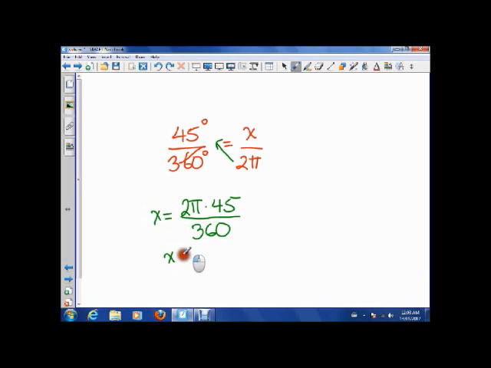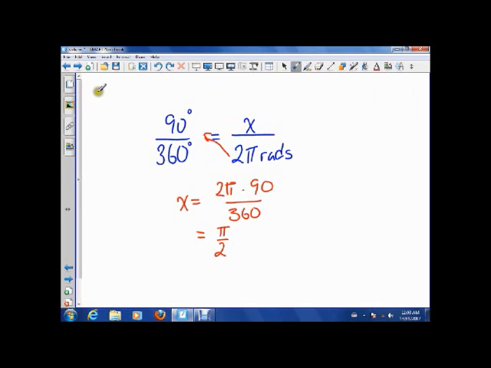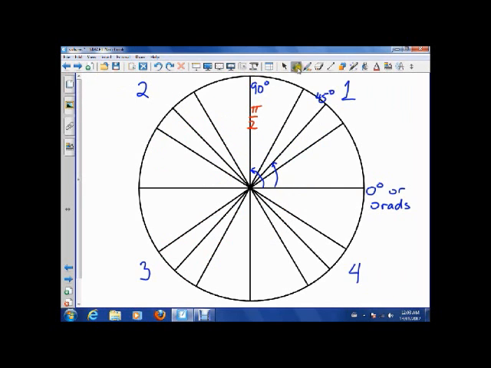So we end up with x is pi by 4. So what we figured out is that 45 degrees is the same as pi by 4 radians. Let's do one more on this quadrant.